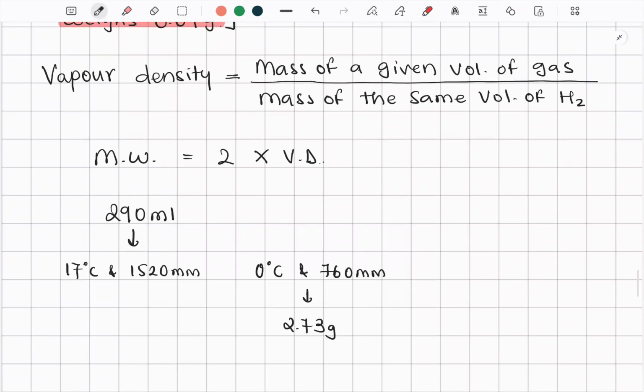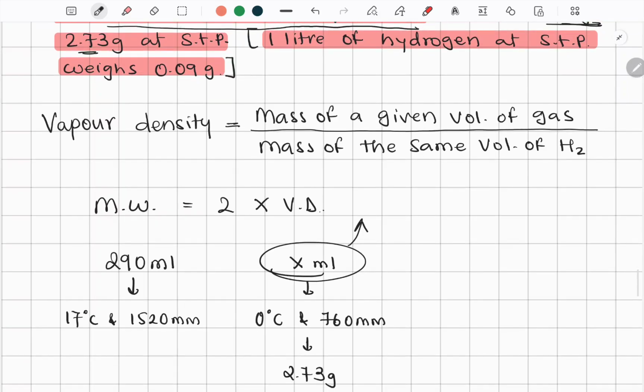Then what's the problem? The problem is we don't know the volume at s.t.p. How is that affecting this numerical? The formula of vapor density says it is the mass of a given volume of a gas upon the mass of the same volume of hydrogen.